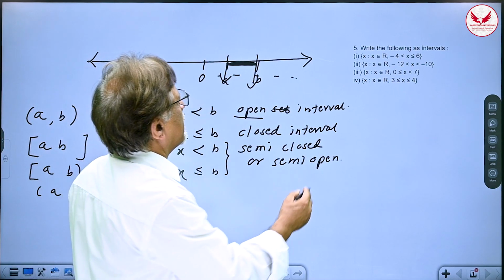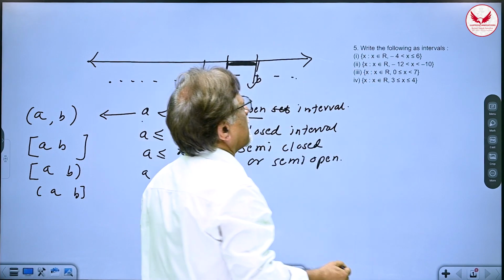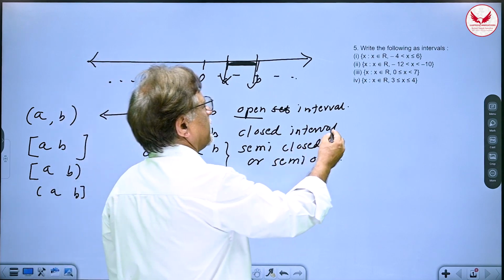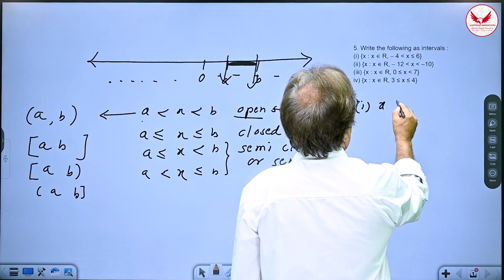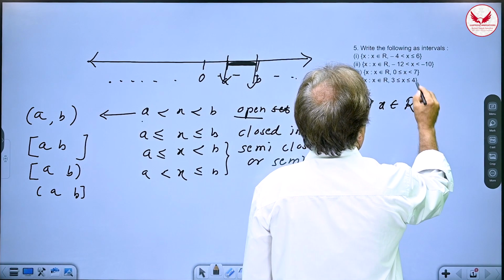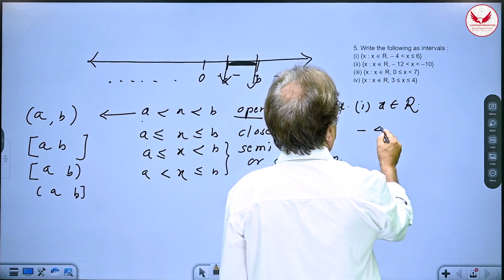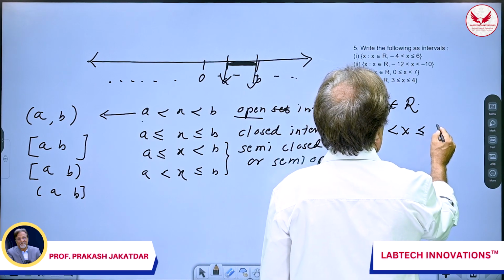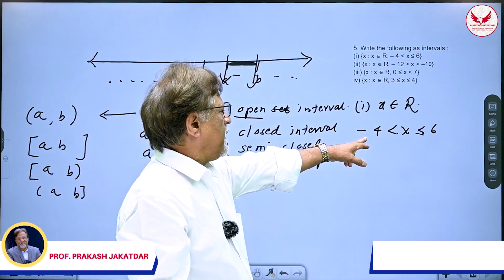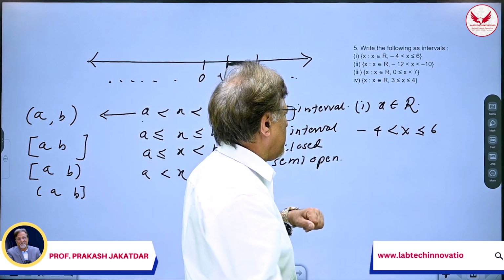So now, given the example here, you can clearly see the first. What is the first example? First example is x belongs to the set of real numbers such that -4 is less than x is less than or equal to 6. That means one boundary not included, another boundary included.